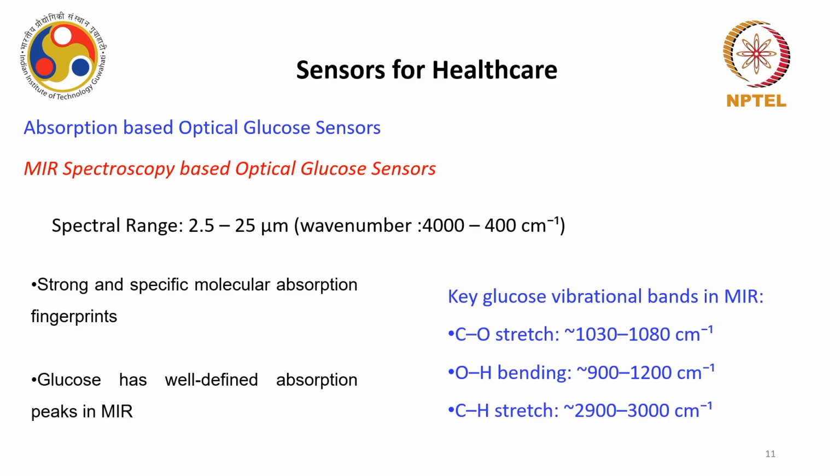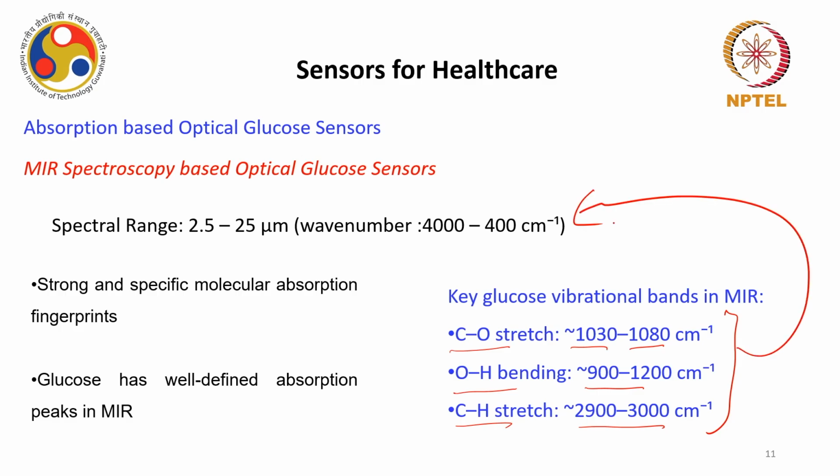It should be noted that in the glucose molecule, which is made up of carbon, oxygen and hydrogen, the CO stretch vibration in the MIR is associated with 1030 to 1080 centimeter inverse wave number. The OH bending is associated with 900 to 1200 centimeter inverse, and the CH stretch is associated with around 2900 to 3000 centimeter inverse, and all these wave numbers are available in the spectrum range of MIR spectroscopy.